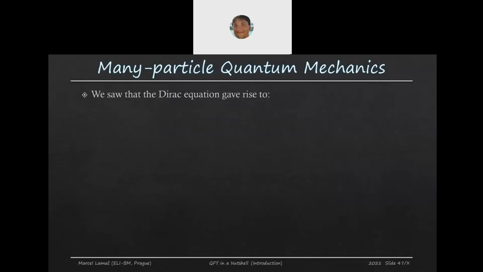So we saw that the Dirac equation gave rise to the following things: the concept of an antiparticle, which, if we adopt the notion of the Dirac sea, can be interpreted as a hole in the Dirac sea.